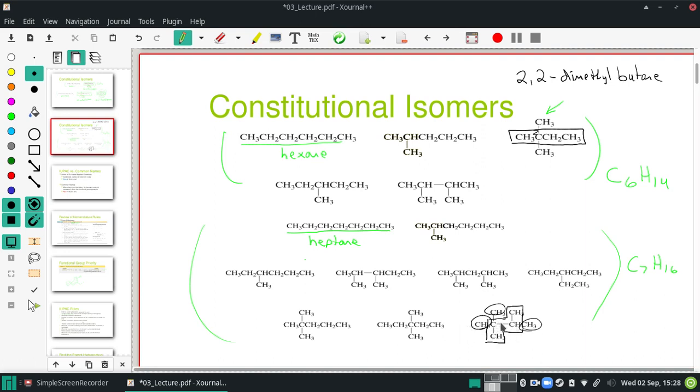All right, so 1, 2 versus 1, 2. So there's a tie, but this location, this 2, had 2 substituents, so I'm going to have it be the 2 position. So I have these 3 methyls, 2 of them are at 2, one of them is at the 3 position, so 2,2,3-trimethyl, and then it's 4 carbons in a row, butane.